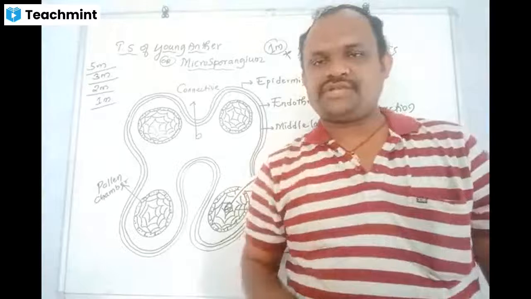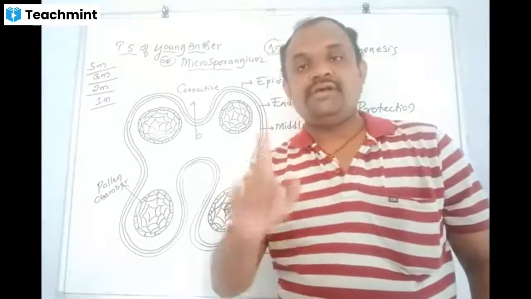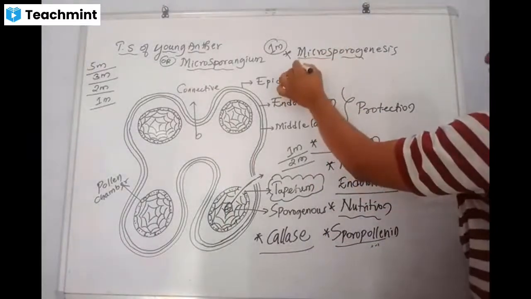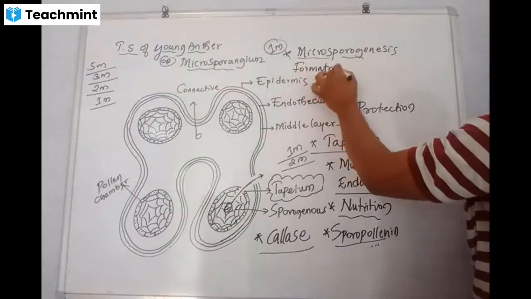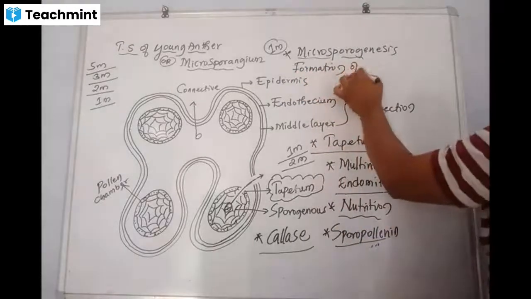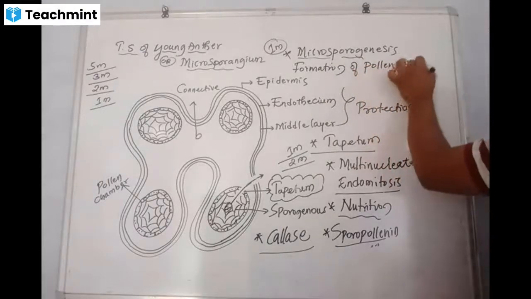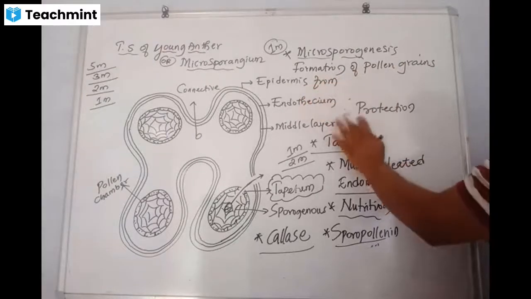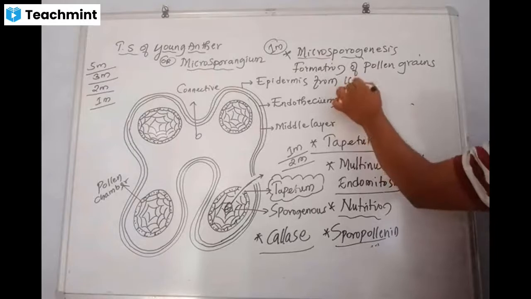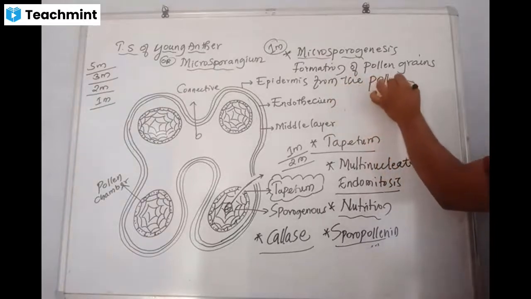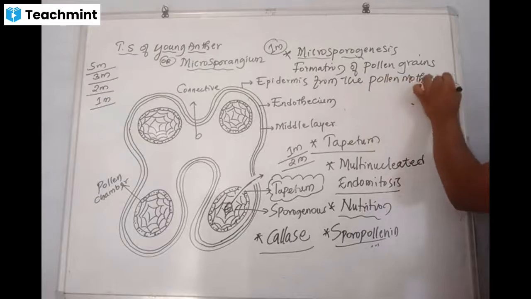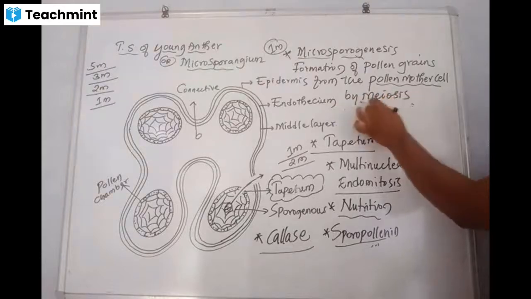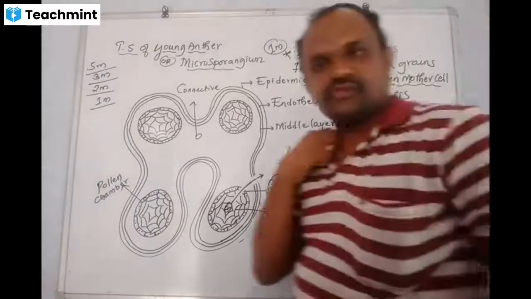The process of formation of pollen grains from the pollen mother cell by meiosis is called microsporogenesis.